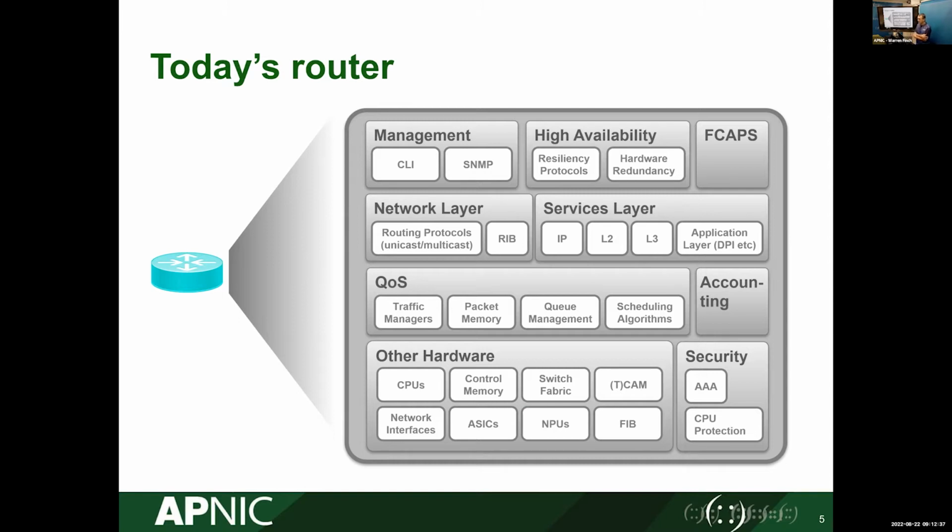So you've got different categories or different other services that you run on that. So you have a management interface, and that's going to be like your command line interface or your simple network management protocol. You also then have your services layers.